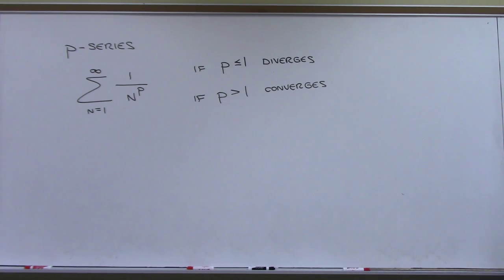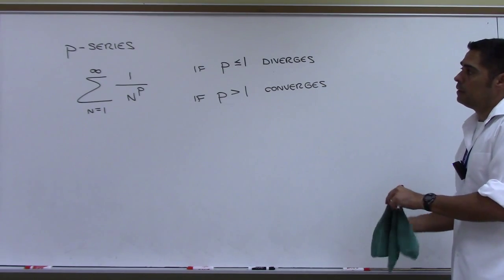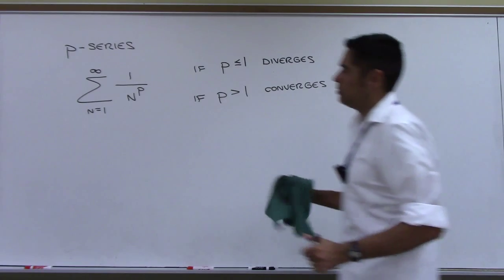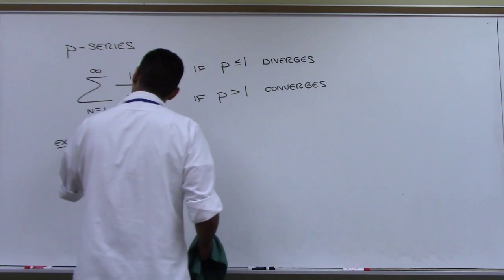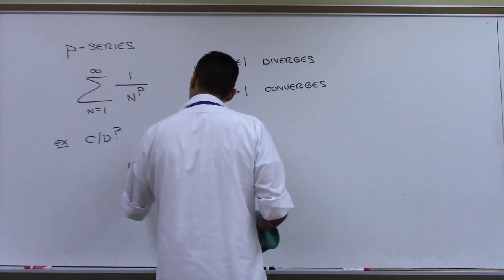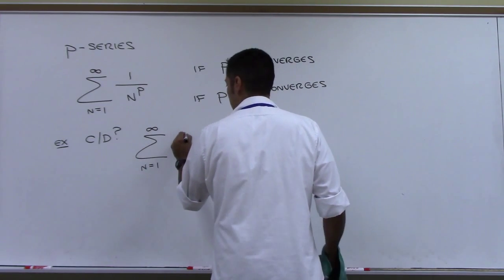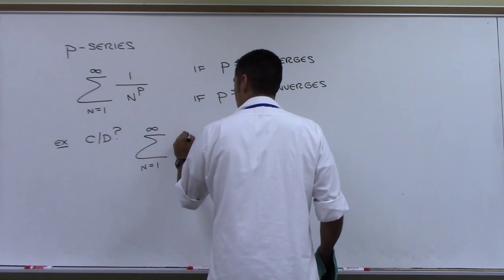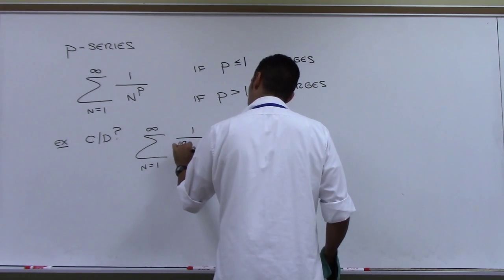So let's take a quick look at an example of a P-series. Here we go. Some examples here. Converge or diverge? Sum n equals 1 to infinity of 1 over n squared root n.